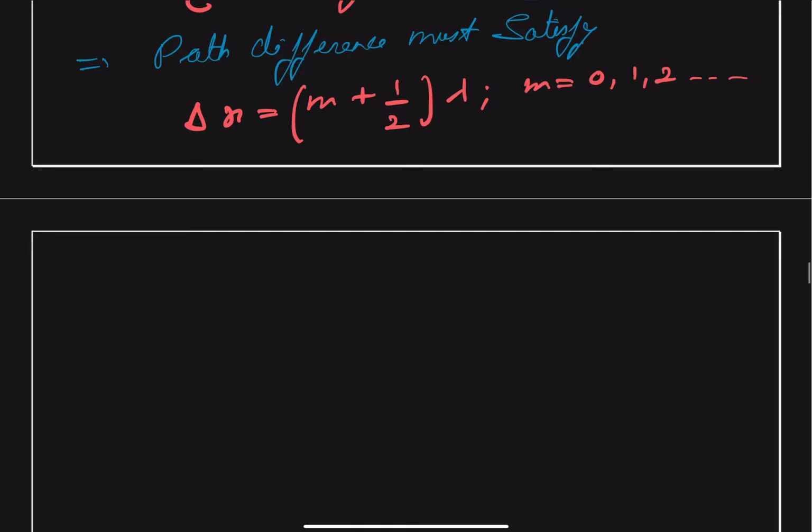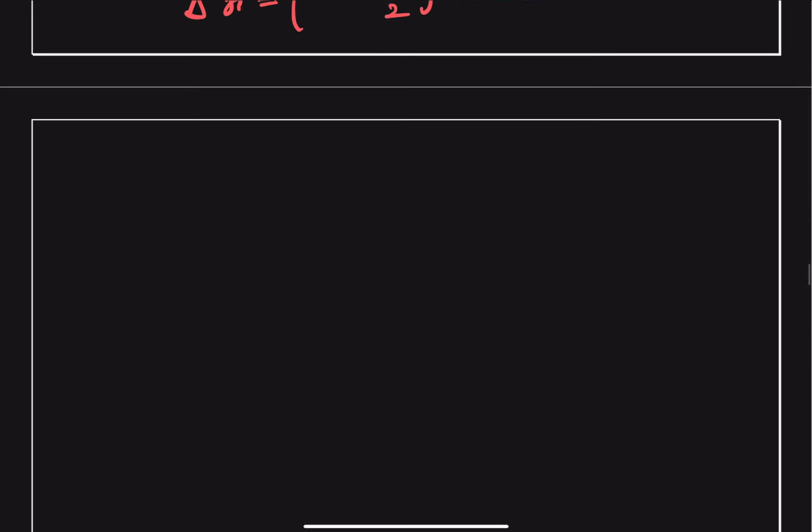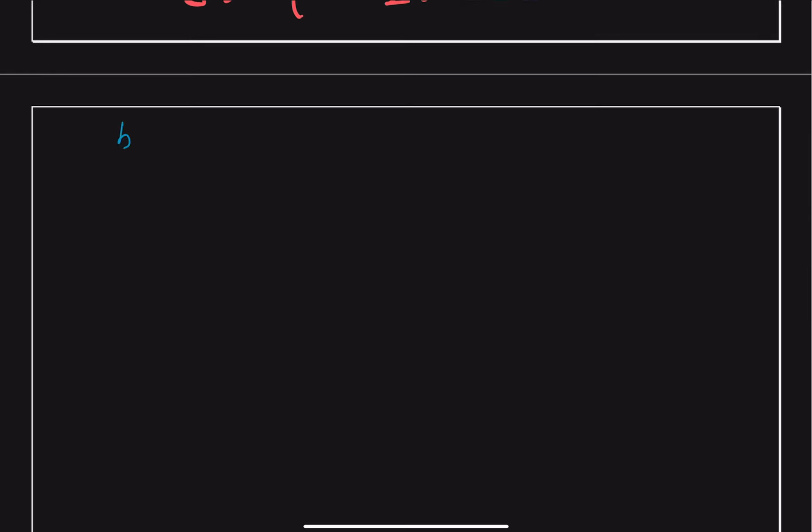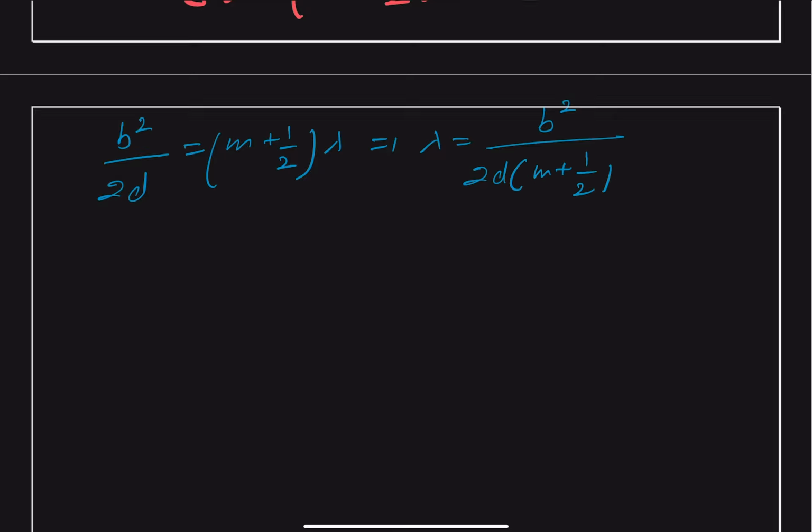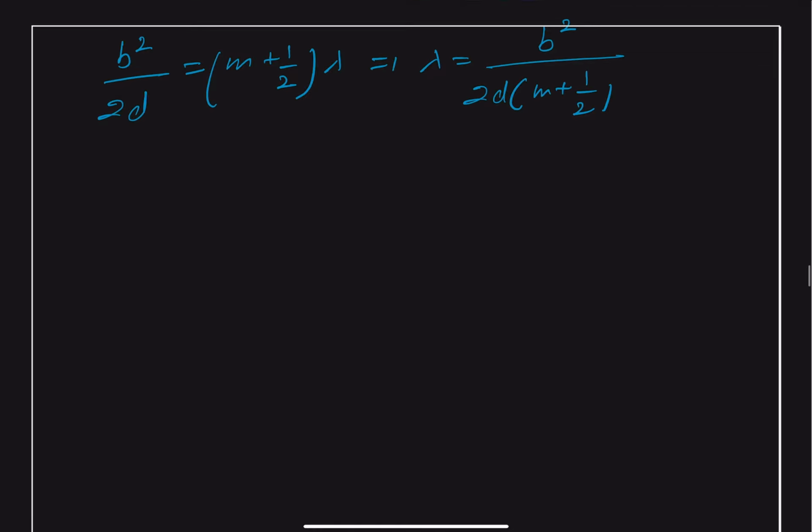The path difference delta x we just found out. We substitute it, we get b square upon 2d is equal to m plus 1 by 2 multiplied by lambda. So this gives us that lambda will be equal to b square upon 2d times m plus 1 by 2, and we can simplify it a little bit, or we can just substitute the values.